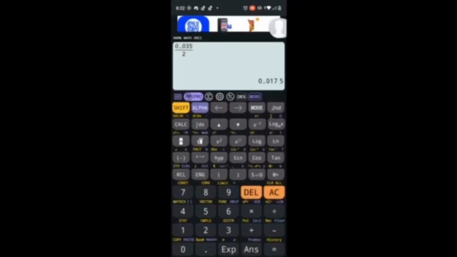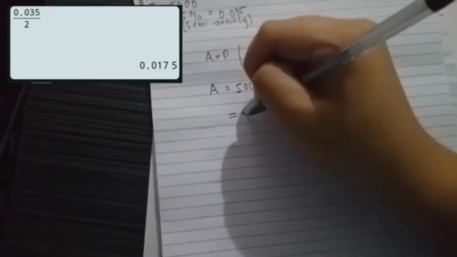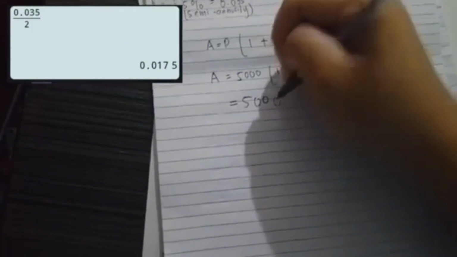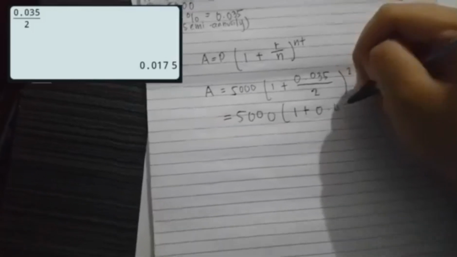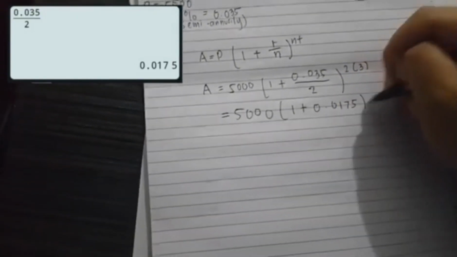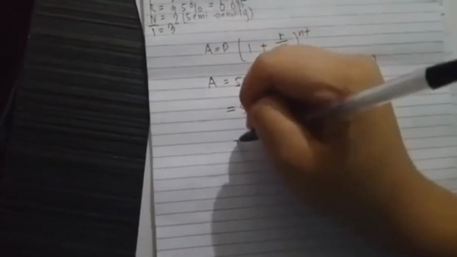A equals 5,000 because our principal is 5,000, times 1 plus 0.035 over 2, raised to 2 times 3. 0.035 divided by 2 was 0.0175. So we put 1 plus 0.0175 raised to 6, because 3 times 2 is 6.